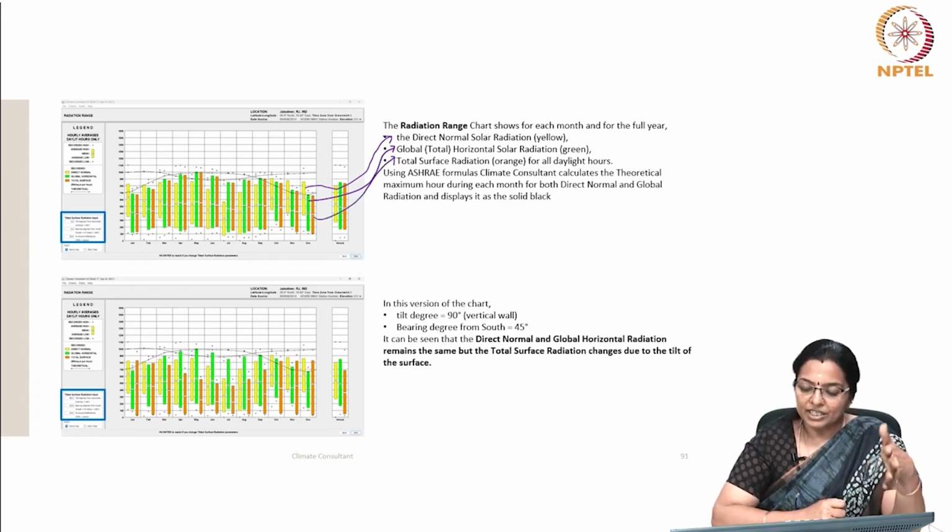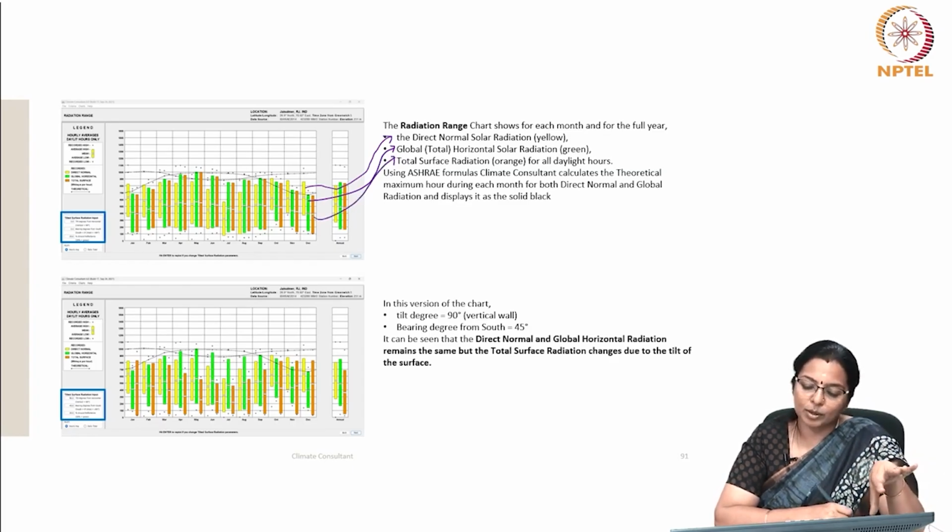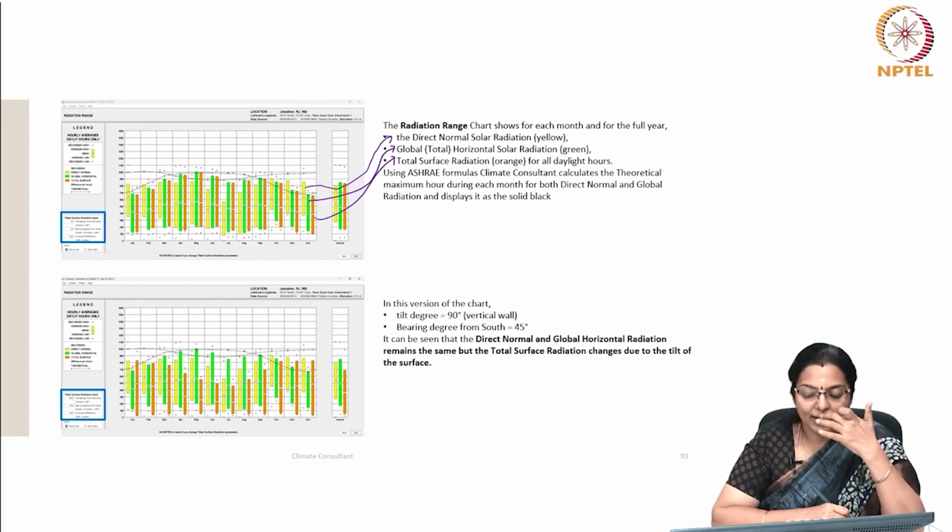So, using the ASHRAE formula, Climate Consultant calculates the theoretical maximum hour during each month for both direct normal and global radiation and displays it as a solid black.